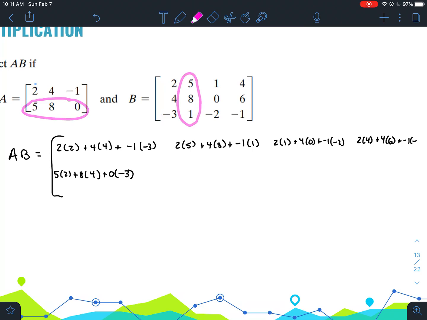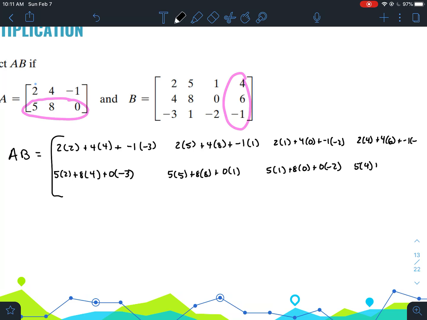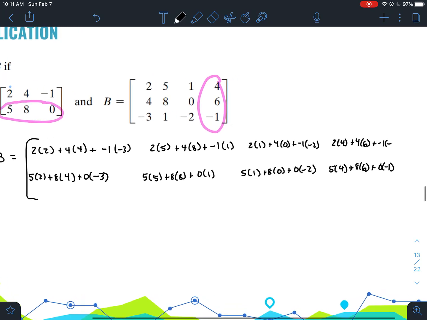And then with the second column in matrix B: 5 times 5 plus 8 times 8 plus 0 times 1. Then the third column: 5 times 1 plus 8 times 0 plus 0 times negative 2. And then the last column: 5 times 4 plus 8 times 6 plus 0 times negative 1.